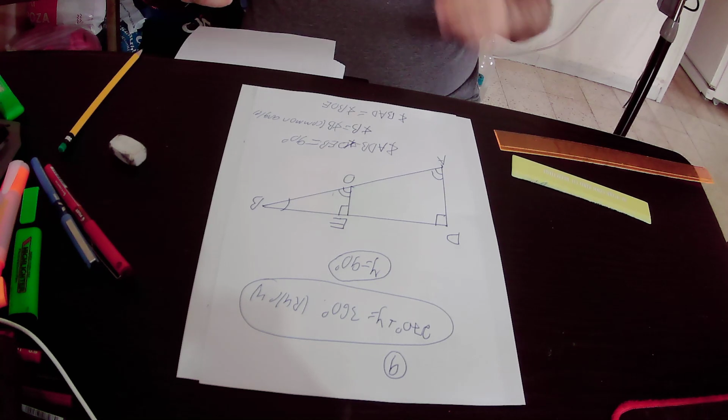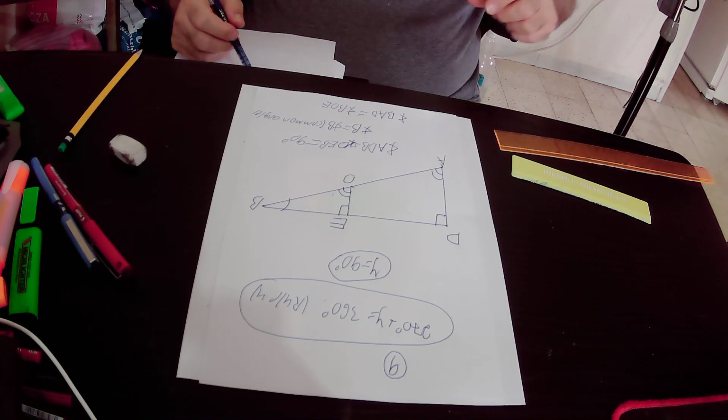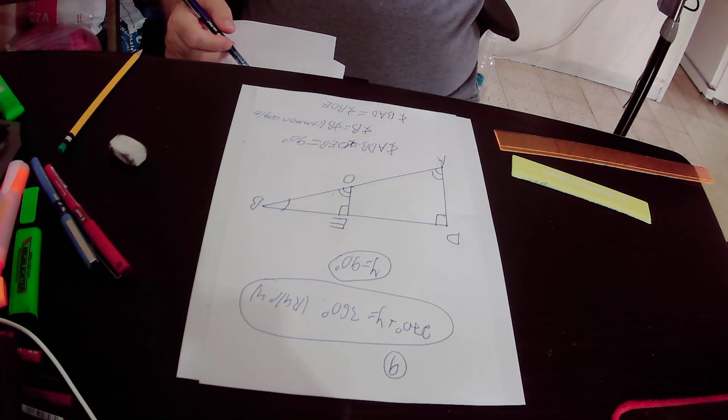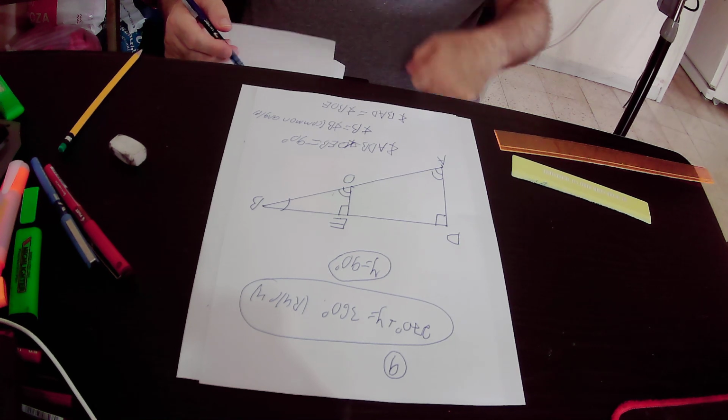Okay, so we proved that all the angles in the big triangle are equal to all the angles in the small triangle.